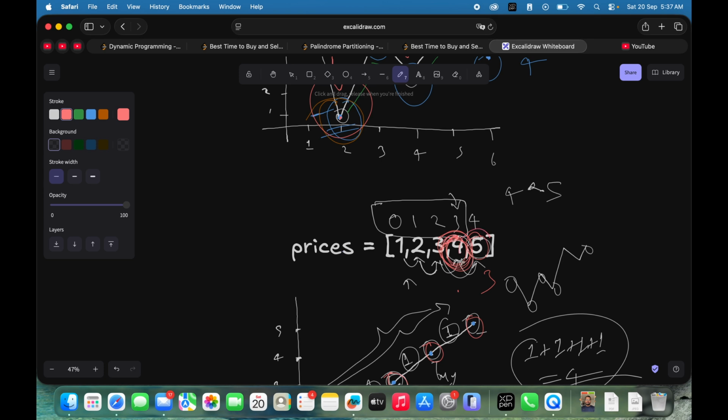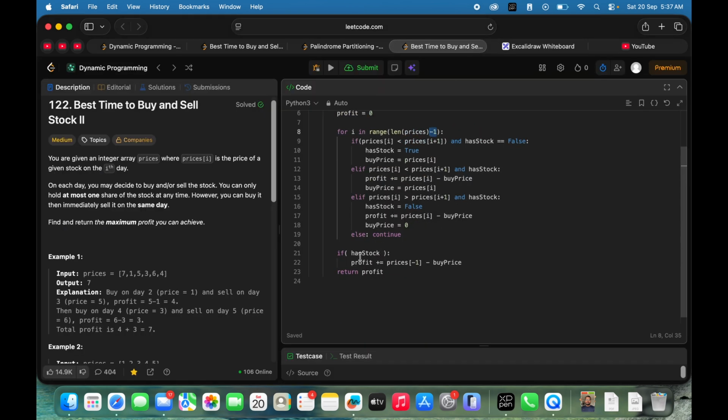We can sell it on the 5th day, the next day, making another profit of 5 minus 4. But since we did not reach the 4th index in our loop, because of the array out of bounds issues that might come, we only ran till here. That is why at the end we are checking that if we still have a stock, it means the last element's price was higher than the current element's price.